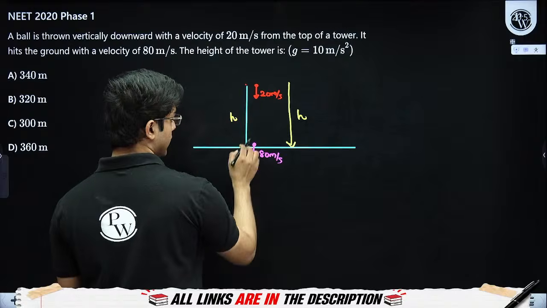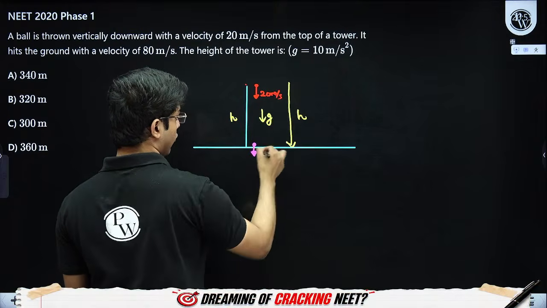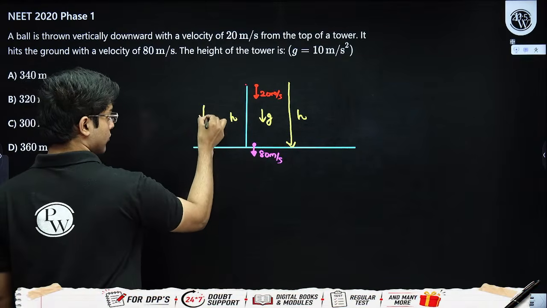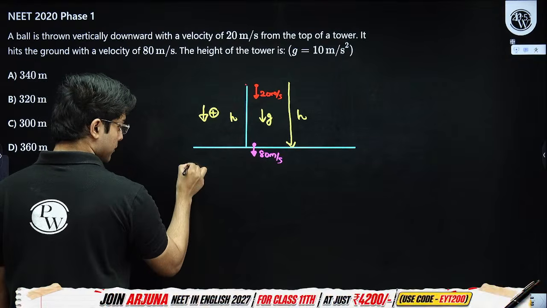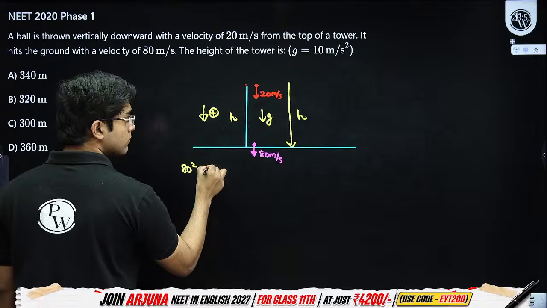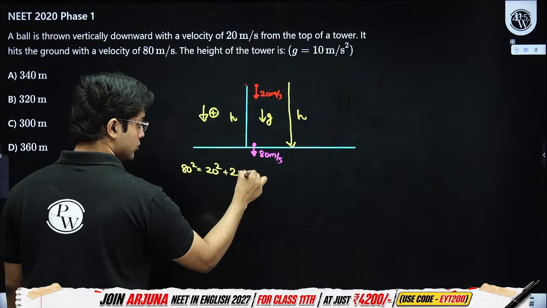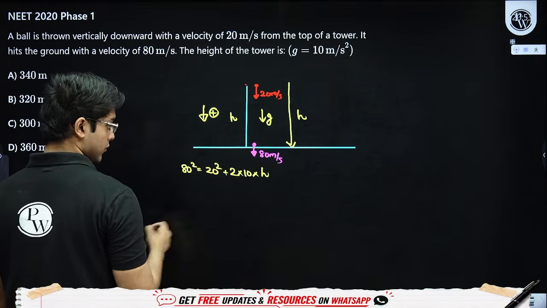I know initial speed and final speed. G is also downward. So all the four vectors are downward, so everything is positive. I'll just choose the downward direction as positive. So v square equal to u square plus 2 into g into height of the tower. This will give you the answer, right?